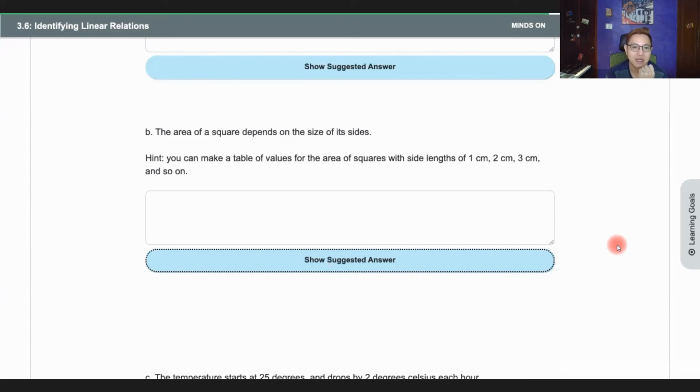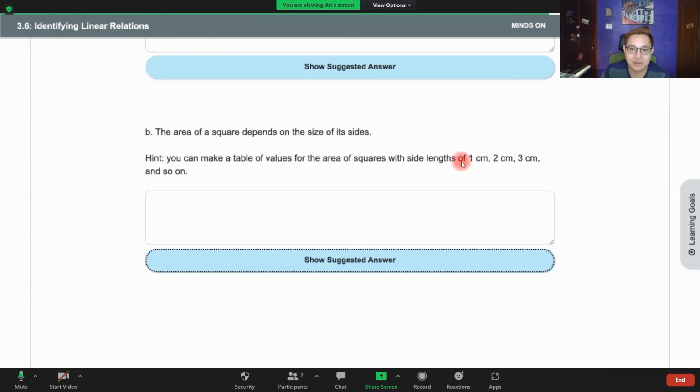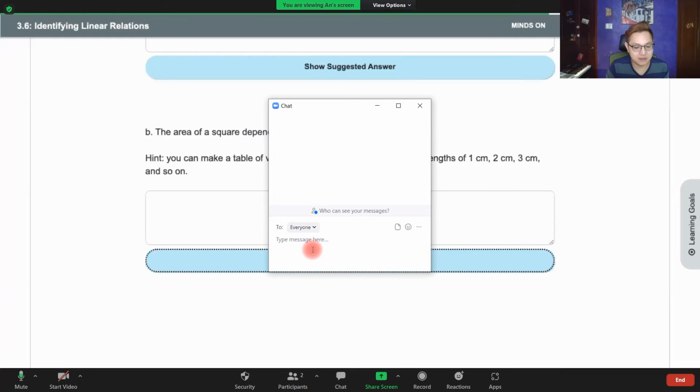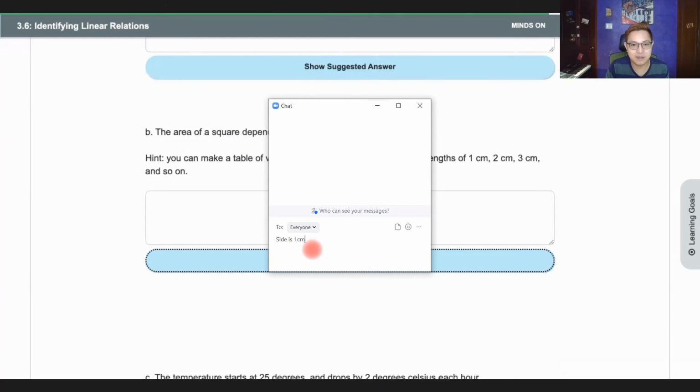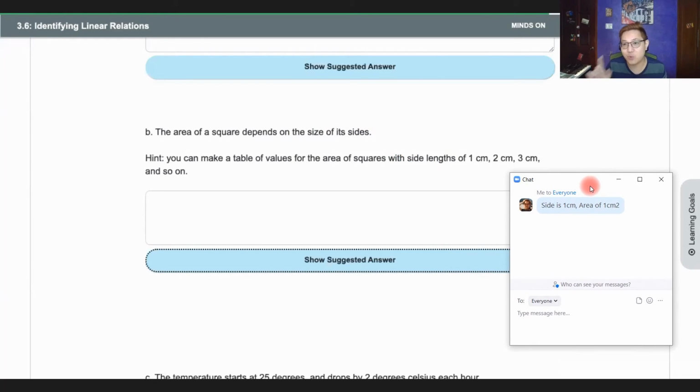So you can make a table of values for the area of the square with side length of 1. If the side is 1 centimeter, the area is 1 square centimeter, because you have to square it. And if the side is 2, the area is 4. And if the side is 3, the area is 9.